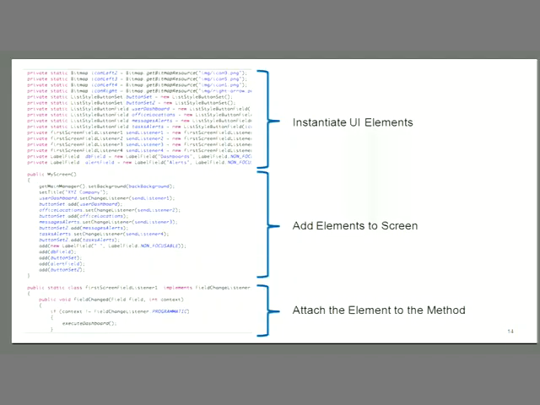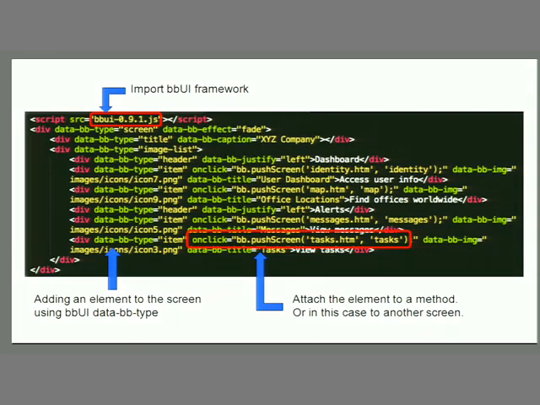So with this application, you can see here I took this Java code. All it is is some Java elements that I've instantiated from a Java toolkit. Sorry for the small font size. Took those elements and added them to the screen one by one, and tied the field change listener to each of the buttons or other components that I'm using. When that translated over to my HTML5 application, you can see here I brought in the BBUI framework, so I'm using a framework. I'm cheating on the components.